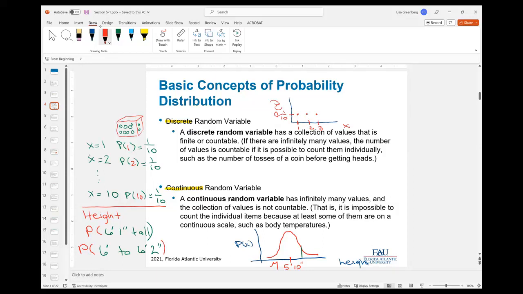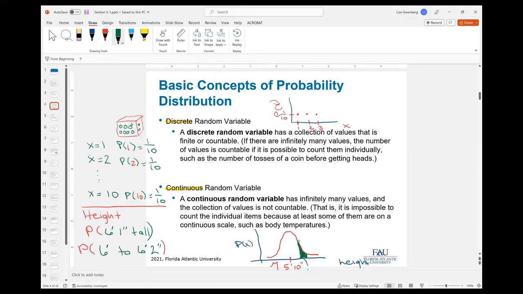Now we actually have 2 values. So I could say, let's say this is 6 feet here, and we could say, let's say this is 6'2" here, and the probability of someone being between 6 feet and 6'2" is the area under this curve.